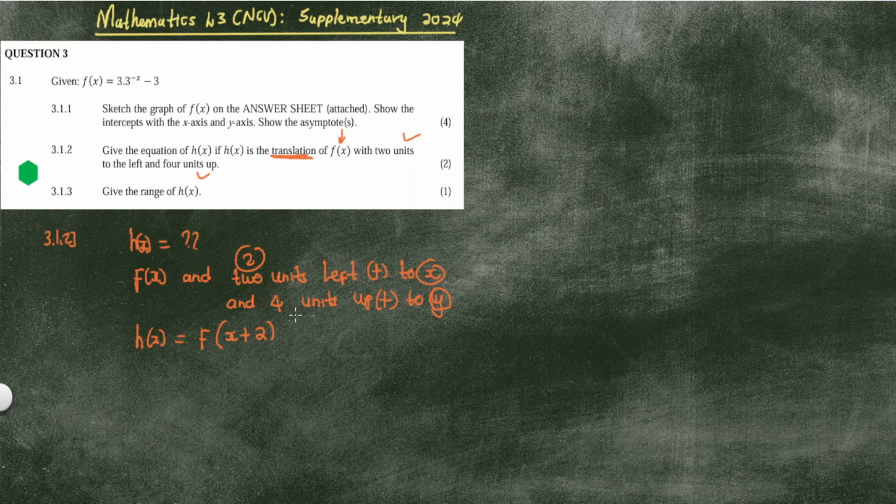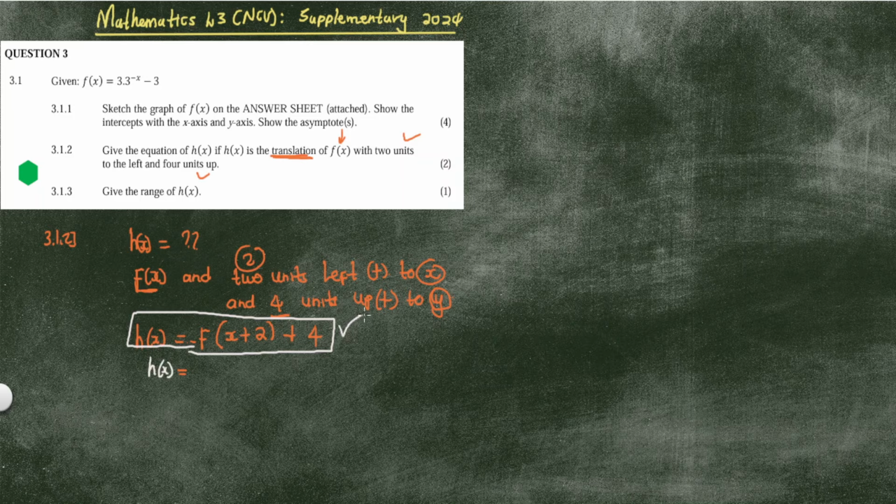And then since you are moving the function f 4 units up, you're also gonna add 4 to the actual function. Now, h of x in full looks something like this. Instead of writing it like this, you can also write it like this.